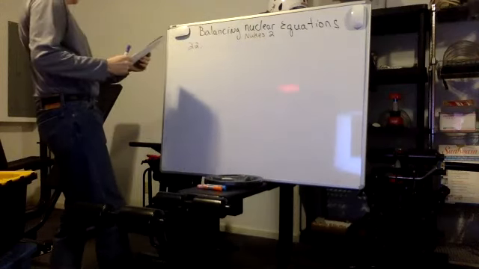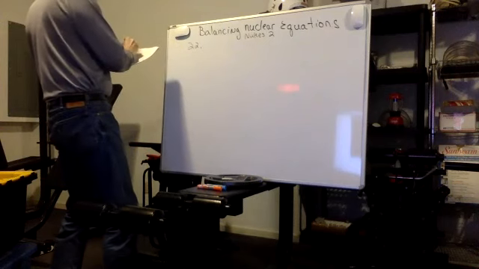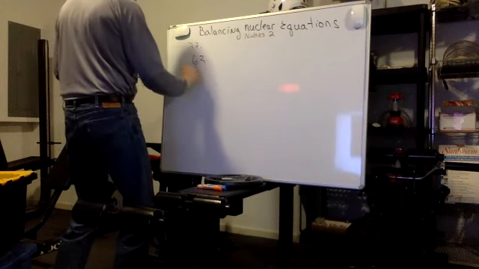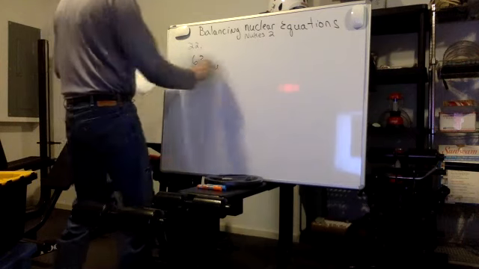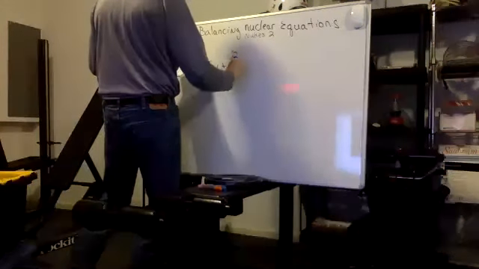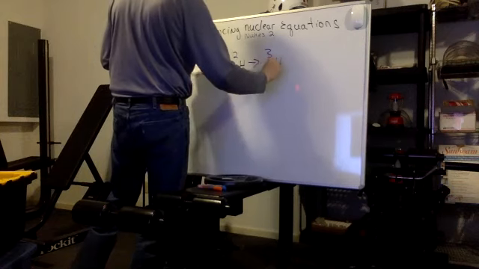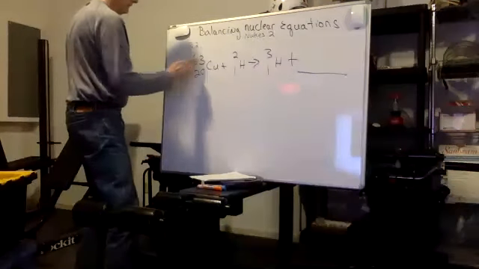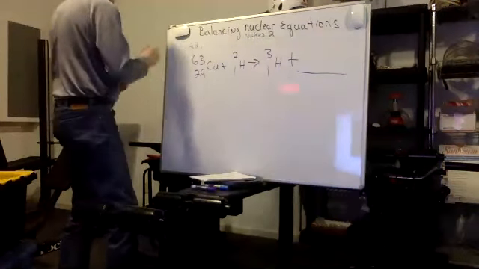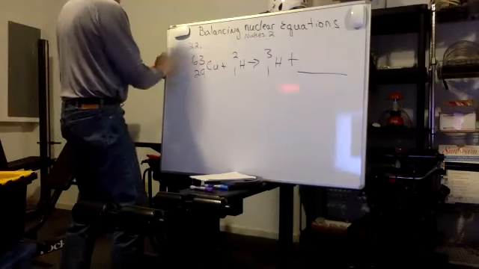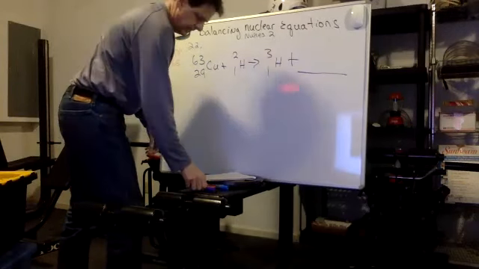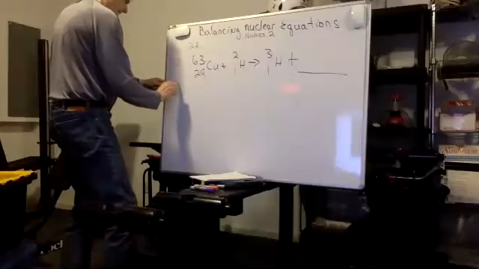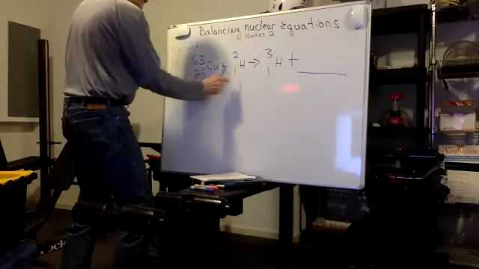Number 22. 63. So we're going to add the top. 63 and 2 is 65. Add the bottom. 29 and 1 is 30.